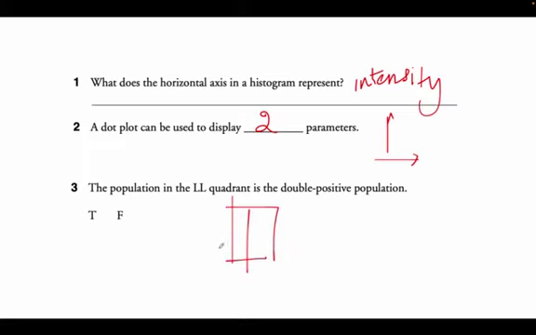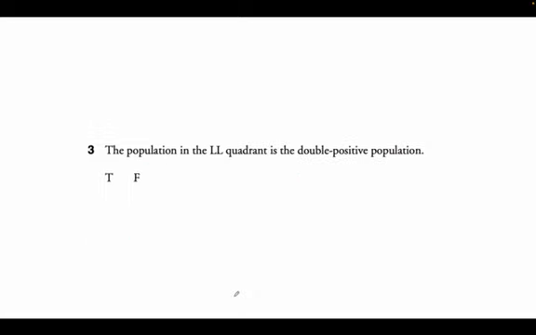Just remember, in a dot plot, the first parameter will increase like this, the second parameter will increase like this. This is the lower left quadrant, so this is actually the double negative population. It is not the double positive population. Same deal, is the double positive population false.